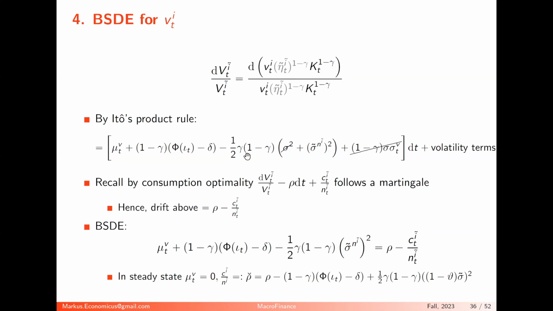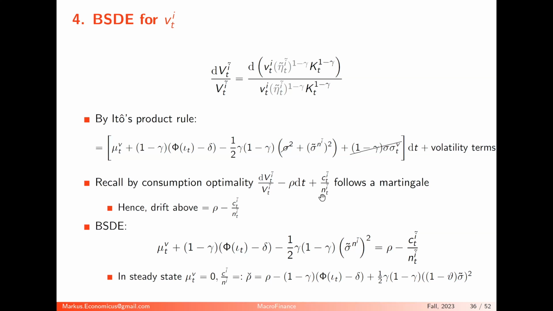And then we said, okay, this is just purely applying Ito. And then I use that the net worth has to follow a martingale corrected for my consumption. Remember, this is what we had before. This follows a martingale, as we had in the previous lecture. That still holds. Okay, so this drift above has to follow this. The rho plus the correction.